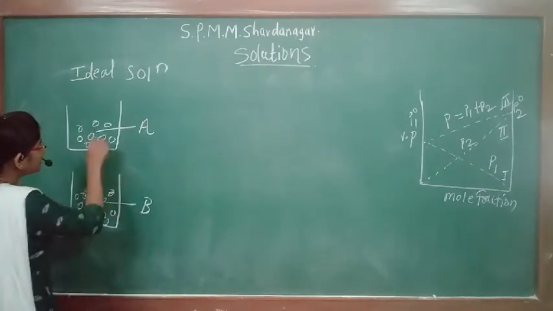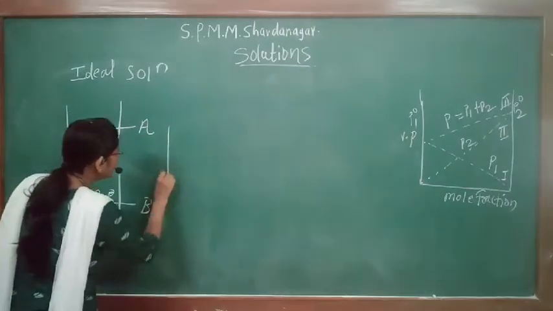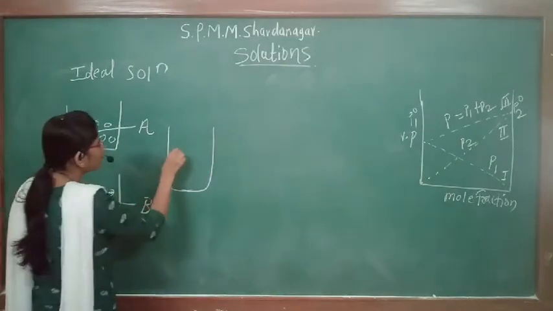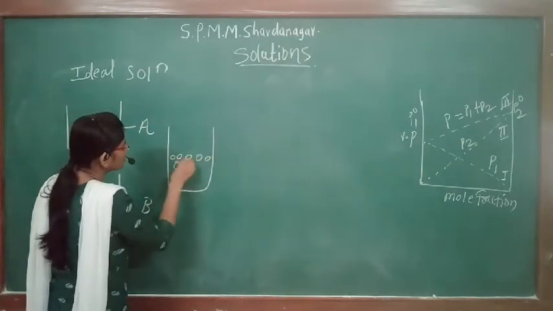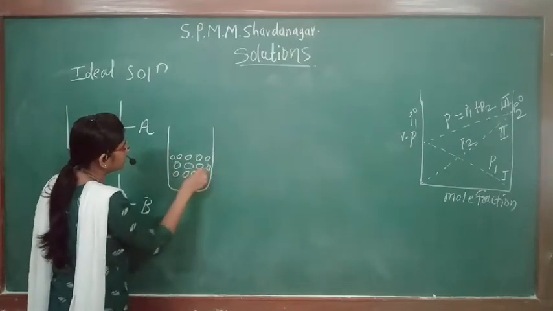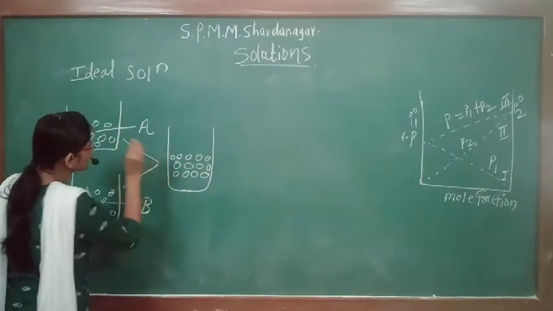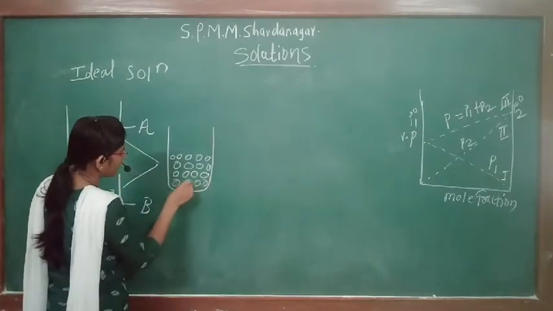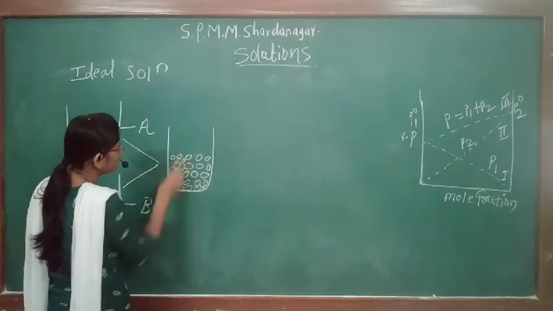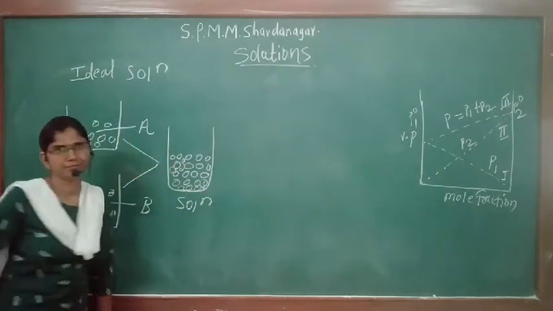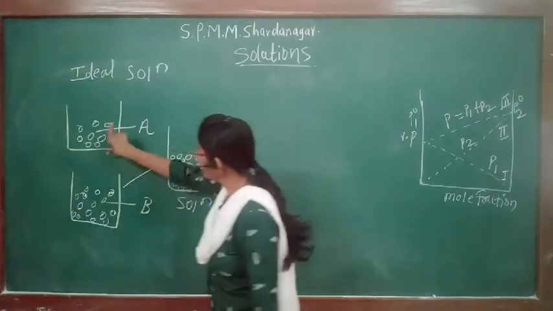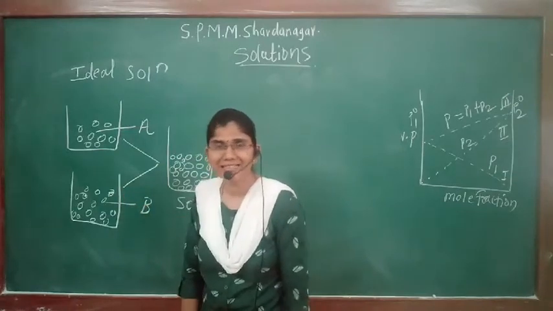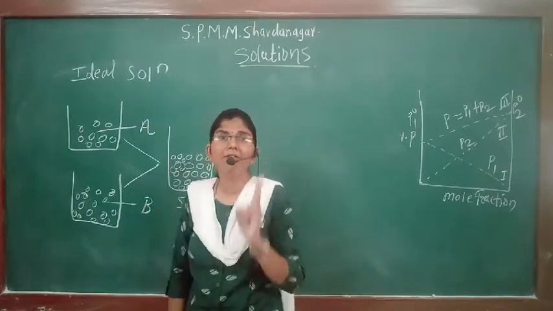If we mix these two liquids, they form a solution having the volatile components A and B. Both are volatile, so they both have a vapor pressure.